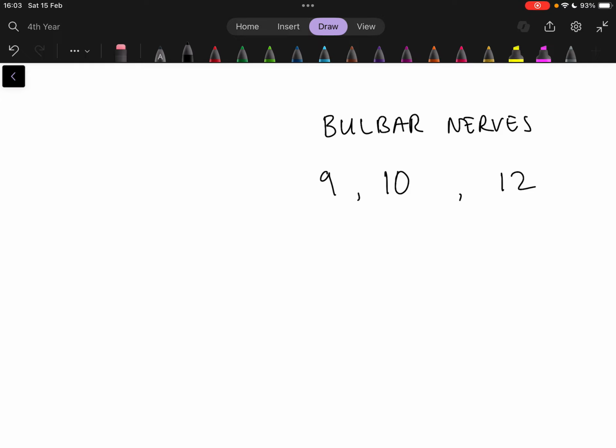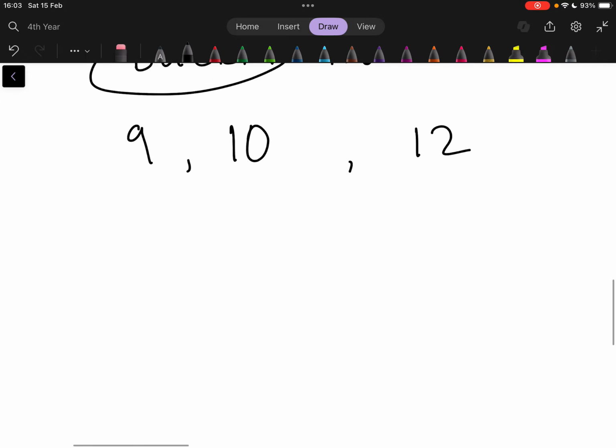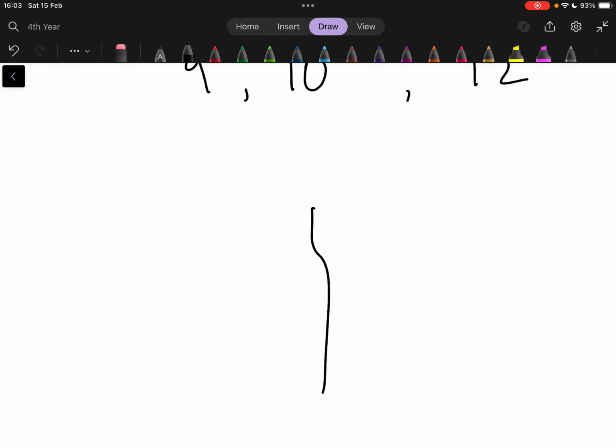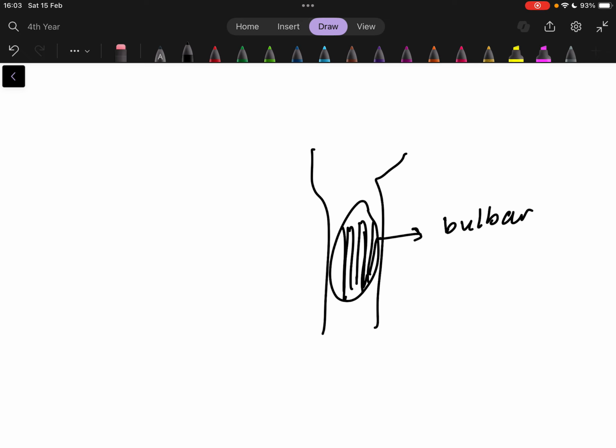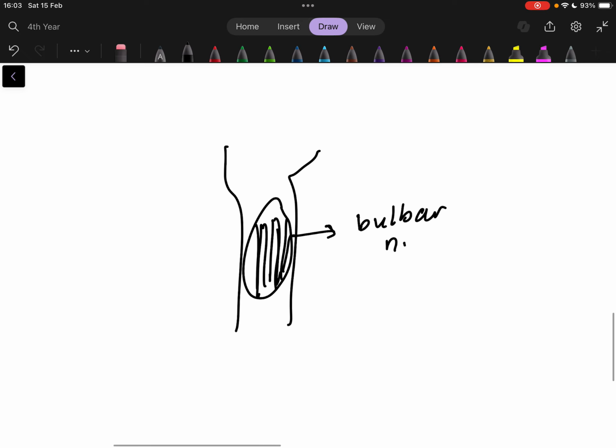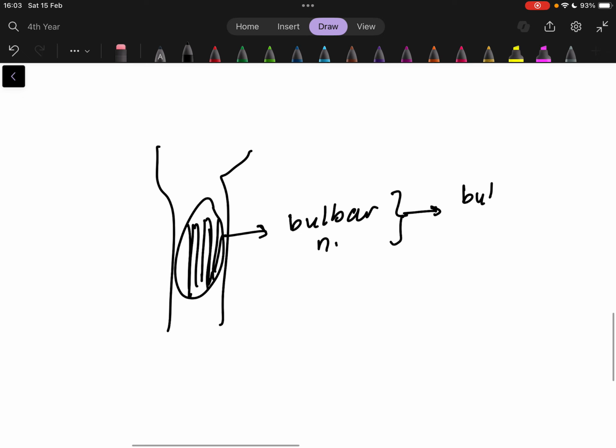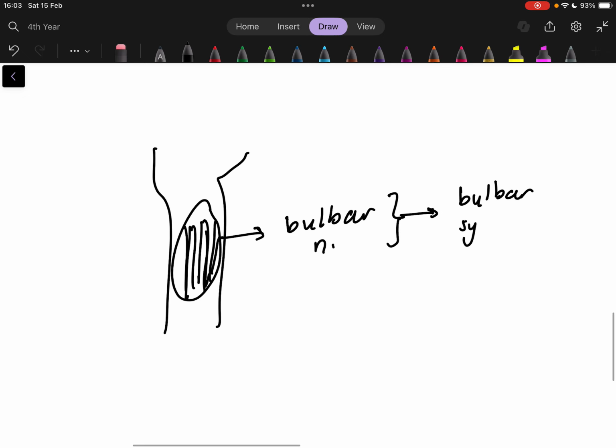Okay, they're called bulbar because they are situated in the medulla oblongata, so the lower part of the brainstem, and they all form this sort of bulge or swelling, and that's why they're called bulbar nerves. And if there's a lesion in these nerves, then you get something called bulbar syndrome.